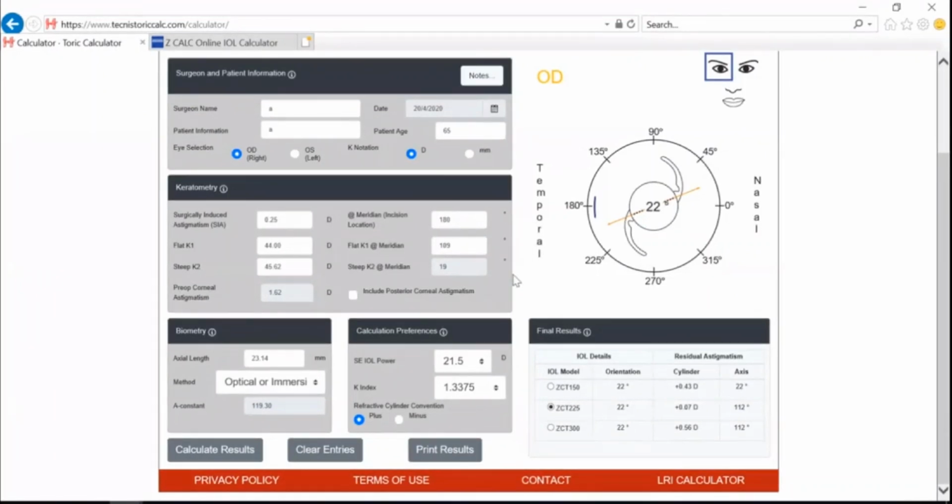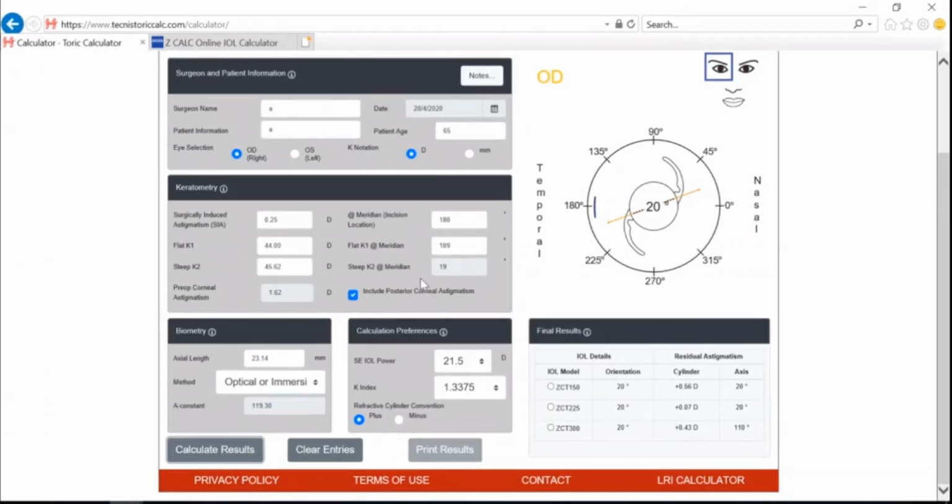The other thing to consider is posterior corneal astigmatism. When you choose posterior corneal astigmatism here, what it does is that it incorporates the PCA into the calculation, right? When you talk about posterior corneal astigmatism, we're talking about an average of against the rule astigmatism of 0.3 diopters. If you look at the original astigmatism, it is against the rule.